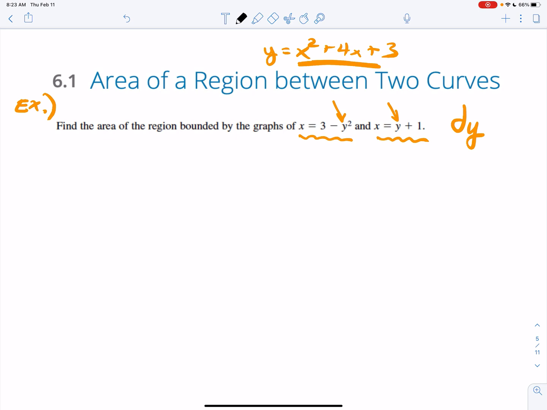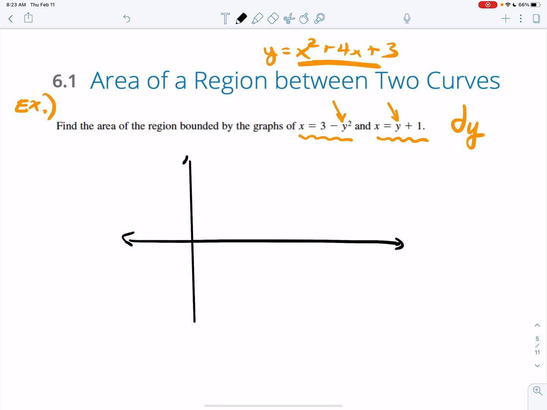Now, although you're not expected to graph relations by hand, it's important that you guys understand where things come from, okay? So let me just give you guys a quick sketch here. And you guys can graph along with me. This is just a rough estimate of what this looks like, okay?